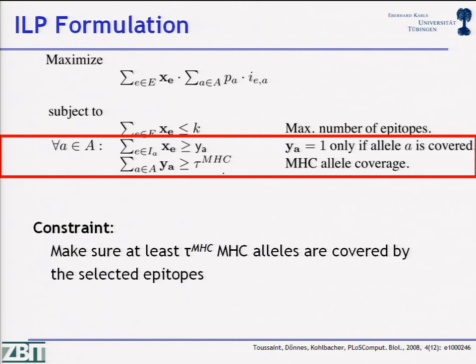A slightly more complicated constraint ensures that at least tau MHC, a certain threshold tau, alleles are covered by the selected set of epitopes. And here we have to introduce additional variables YA. I'm not going to go into the details, but again, this is a very straightforward ILP thing that is often done. With this, we can ensure that we get sufficient coverage of the alleles.